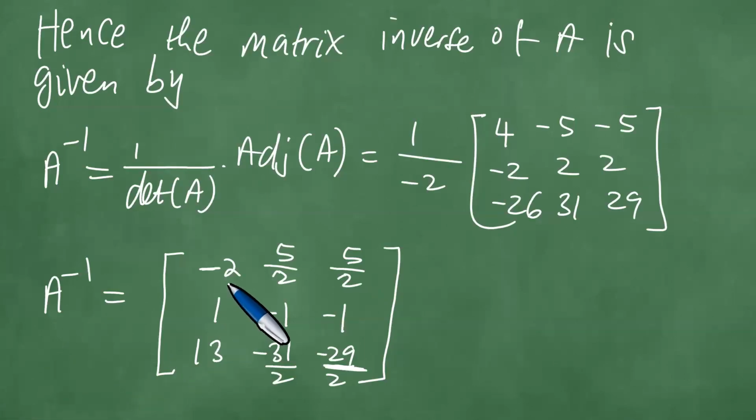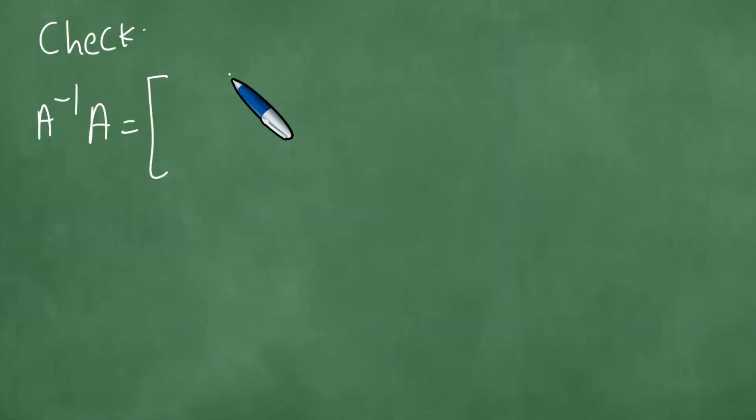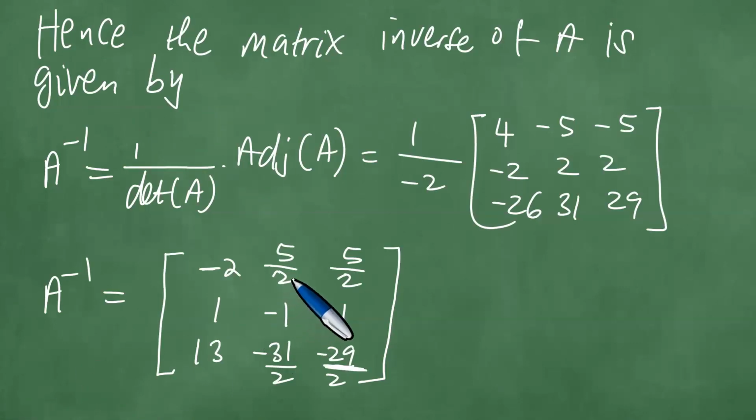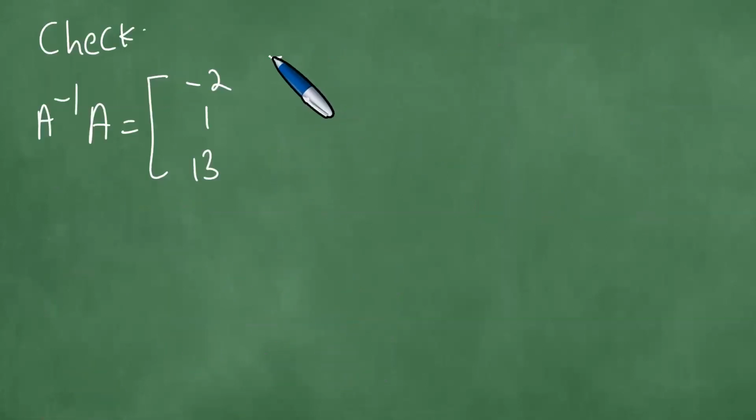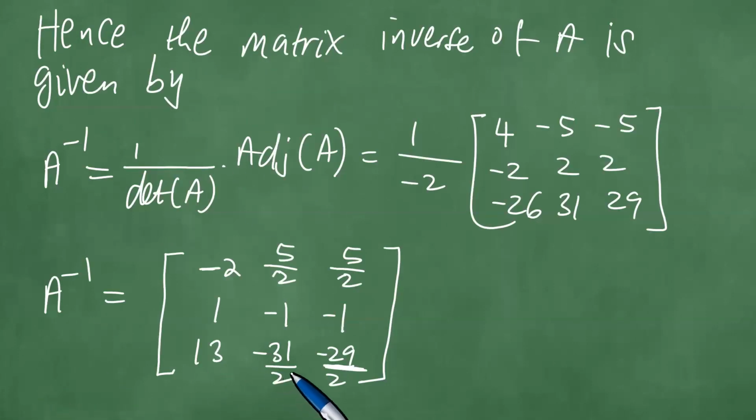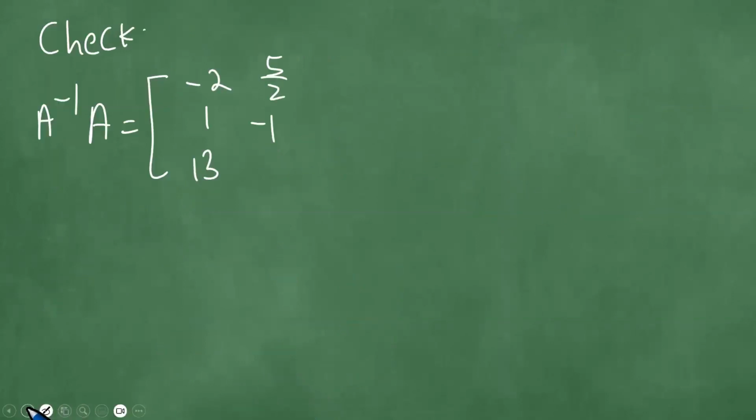So this is exactly minus 2, 1, 13. Minus 2, 1, 13. 5 over 2, minus 1. 5 over 2, minus 1. Then we have minus 31 over 2.